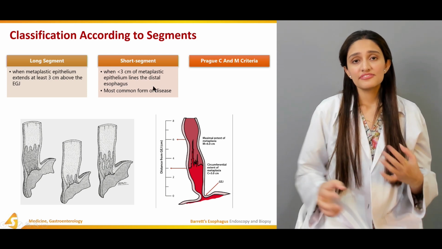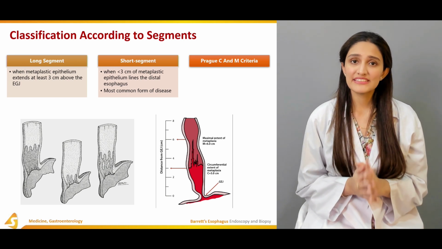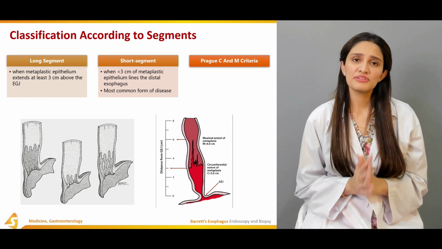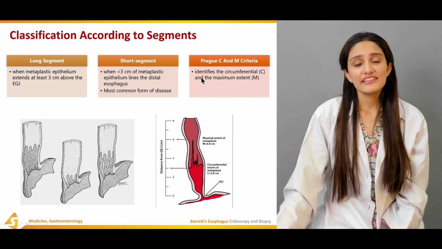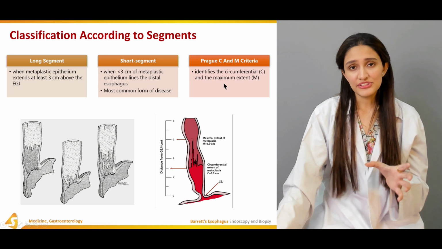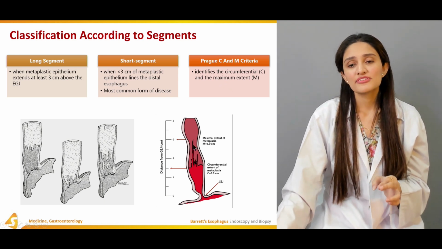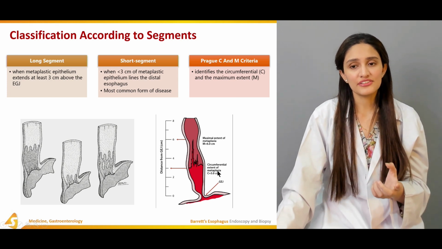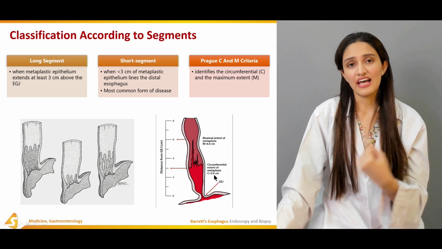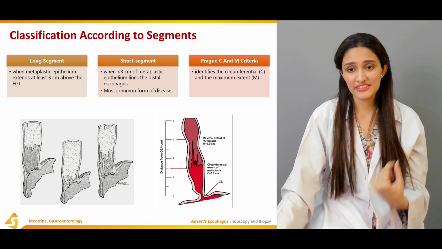And then there's a different type of classification which is called the Prague C and M criteria. You'd be wondering what the C and M stand for. It identifies the circumferential extent, which is the C, and the maximum extent, which is the M. In this picture, this shows the circumferential extent of the metaplasia, which is as a whole throughout the esophagus in a circumference.